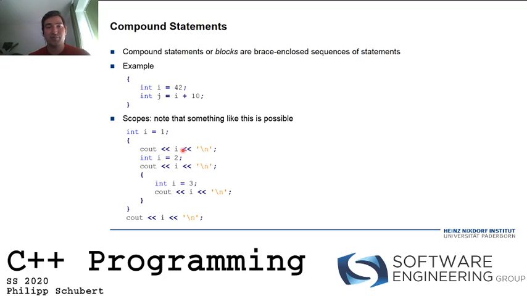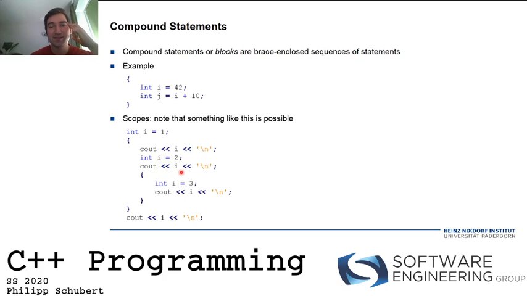And so here we can print the variable I, and here it would print 1, because I's value is 1. But because now we are in another scope, we could also introduce another variable I, which is different from the previous variable I, because this variable I lives in a different scope.